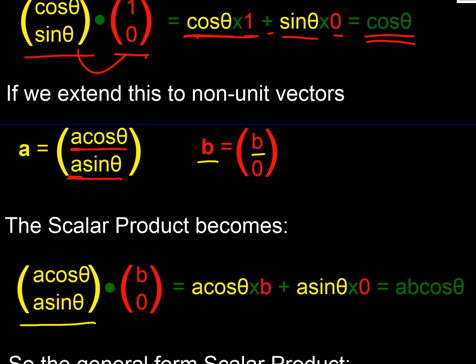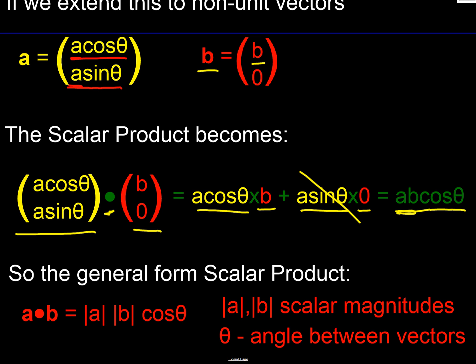And if I multiply those together using a dot product, then I end up with my A cos theta times B. And then I'm adding to it my A sine theta times 0. So again, the second term is 0, and I'm just left with this first term, which is AB cos theta. So A and B are the magnitudes of my two vectors, and theta is the angle between them.